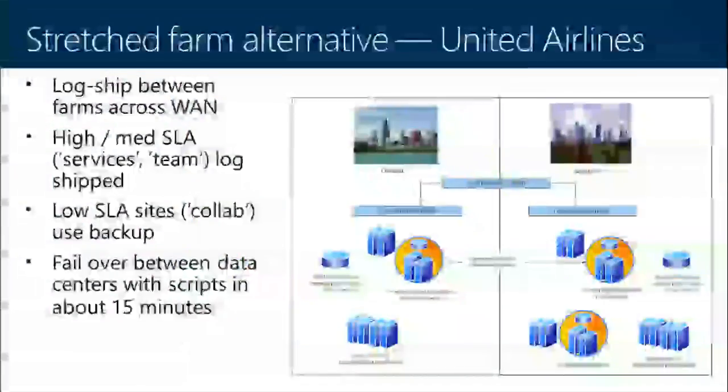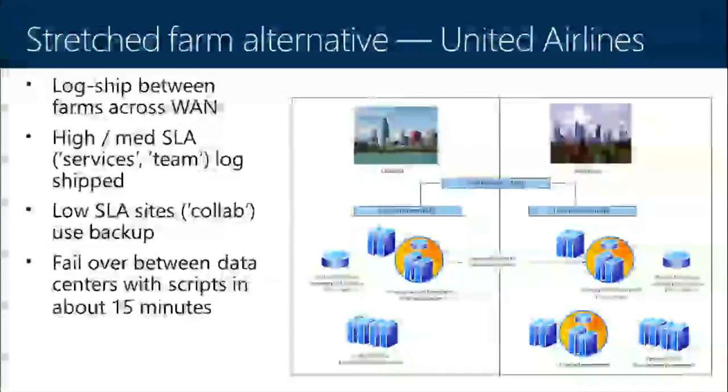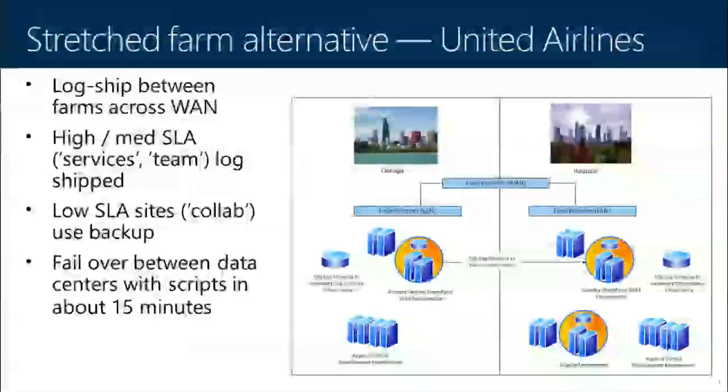So going back to that topic of the stretch farm and what we need to do when we go into a 2013 environment to support what was typically the reason for a stretch farm, which is that high availability and failover capabilities. So there are a number of options with SharePoint from a SQL database perspective, including the example here, which is log shipping between farms across the WAN. So this example is United Airlines example, where they're log shipping from one farm to another.